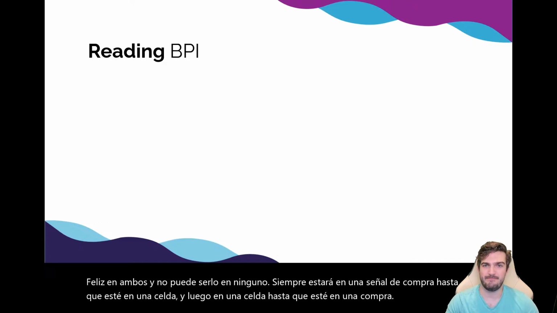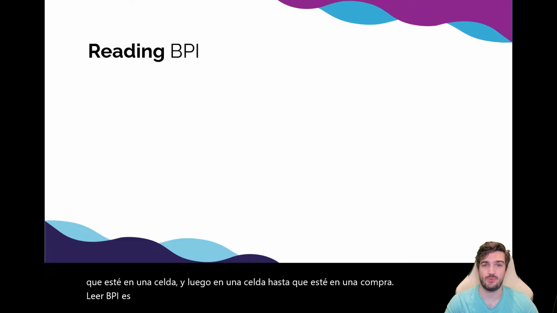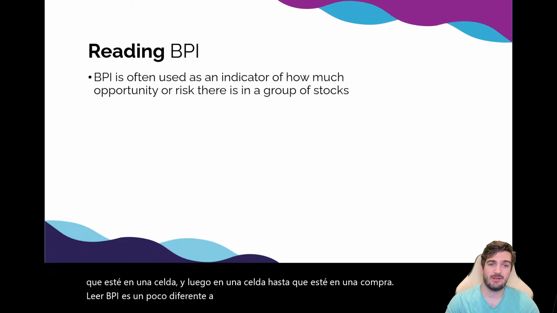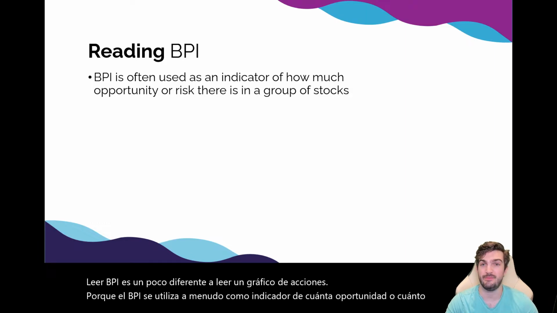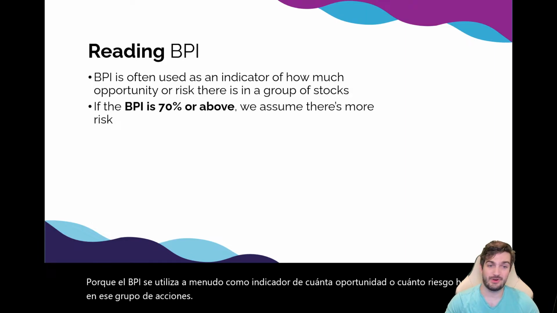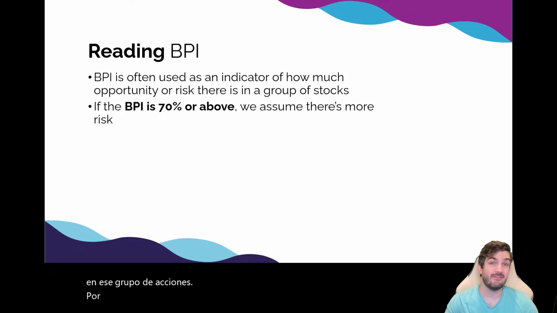Reading BPI is a little bit different than reading a stock chart, because BPI is often used as an indicator of how much opportunity or how much risk there is in that group of stocks. For example, if the BPI is 70% or above, if the price was $70 or above, that would be a good thing, right?